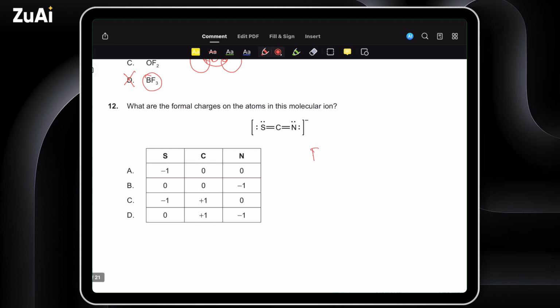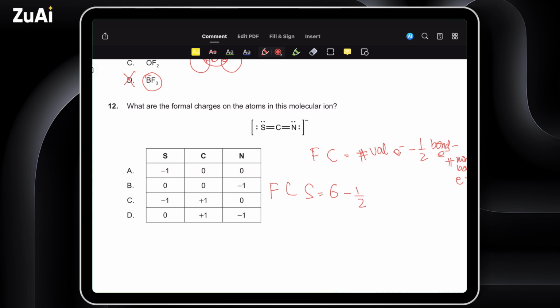Formal charge is equal to number of valence electrons minus 1 by 2 bonding electrons minus non-bonding electrons. So for the formal charge of sulfur, 6 is the valence electrons minus 1 by 2.